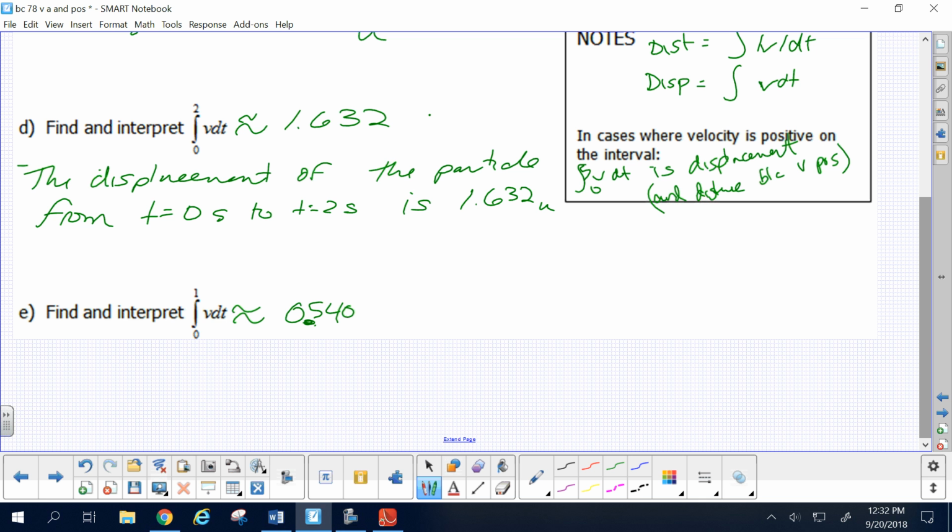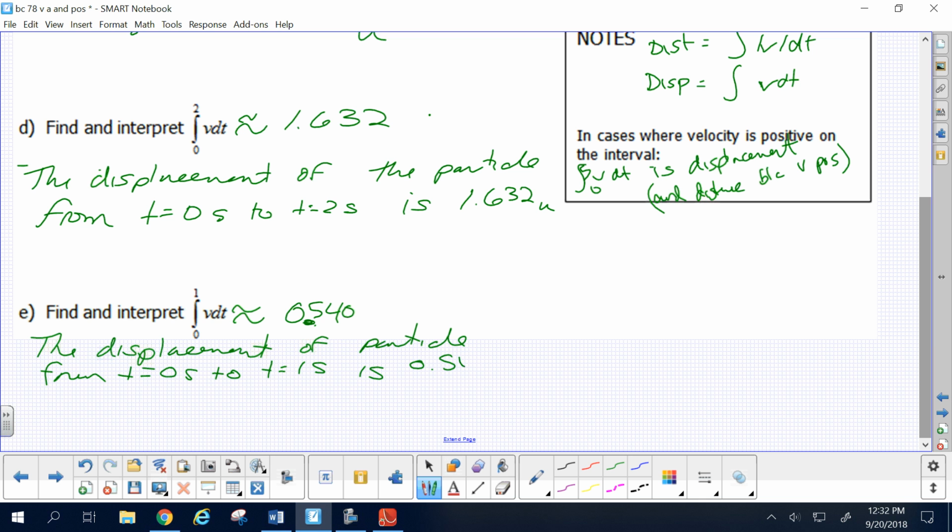This is the displacement of the particle from time equals 0 seconds to time equals 1 second, which is 0.54 units, but they will actually be looking for a little more. It's also the distance, because the velocity is positive on the interval 0 to 1.